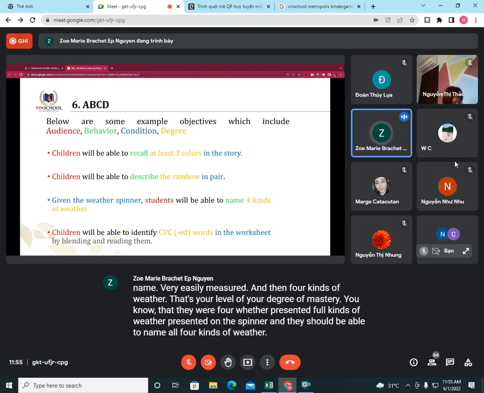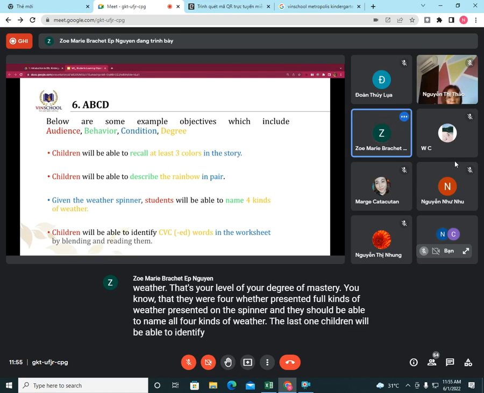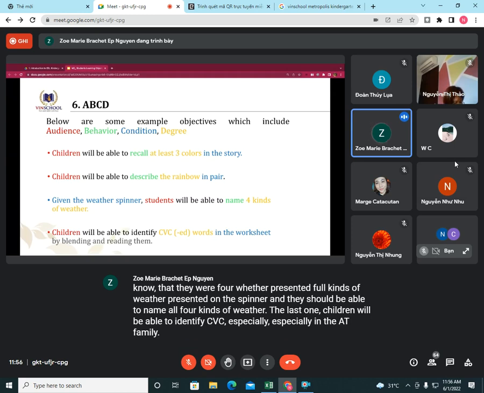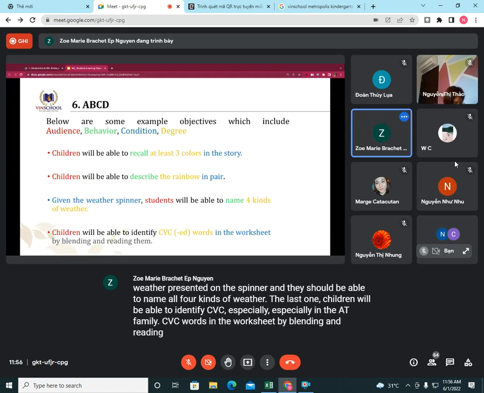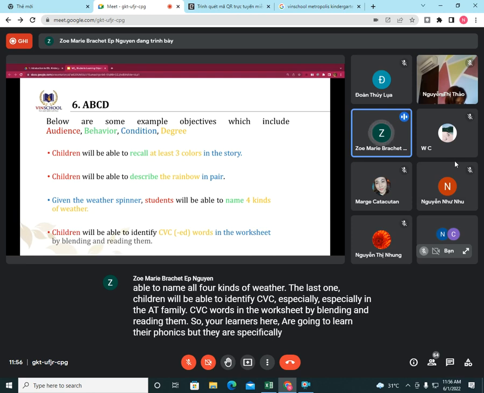The last one: children will be able to identify CVC, especially in the ED family, CVC words in the worksheet by blending and reading them. So your learners here are going to learn their phonics, but they are specifically learning 2 phonemes, ed.